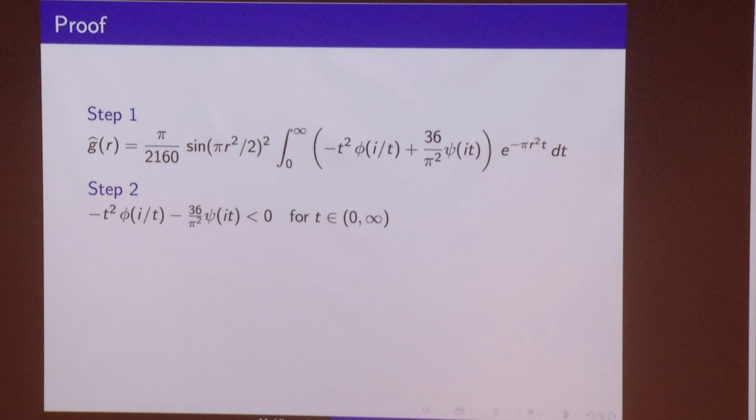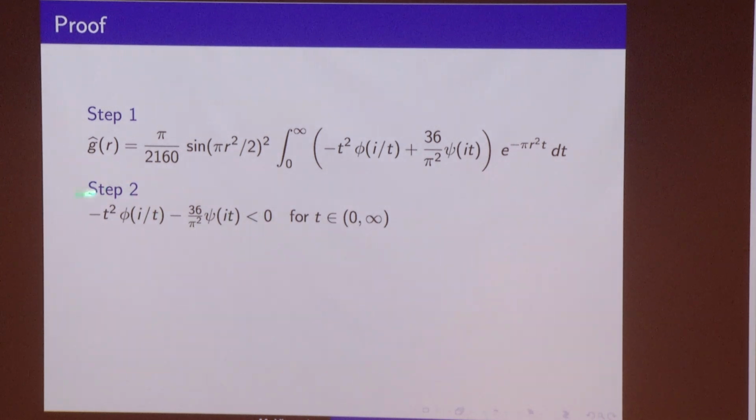The second step would be to prove the inequalities, because now we have this function, it has double zeros at the points where we wanted it to have double zeros, but what we don't really know about this function is whether it satisfies the correct inequalities. And here we are lucky because the inequalities which we want to prove are satisfied not only for this whole integral, but actually they are true for the function under the integral.